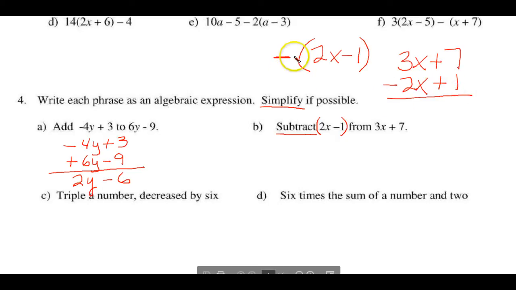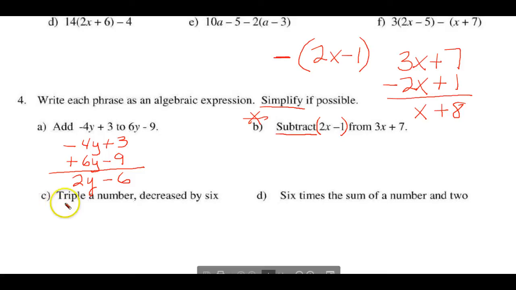Now, you might skip this step if you want, but when you see the word subtract, just change both signs. This will become a negative. This will become a positive. Now you add them up, and that's your answer. And you'll practice this and have quizzes, and hopefully you'll get it correct. But again, let's put a star by that one.